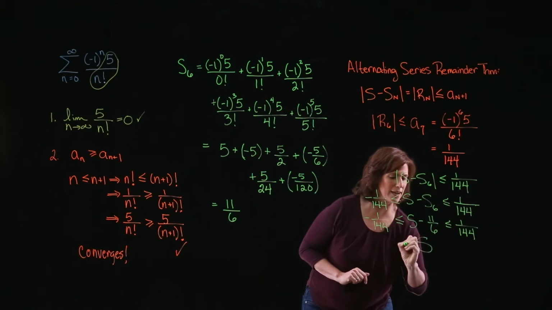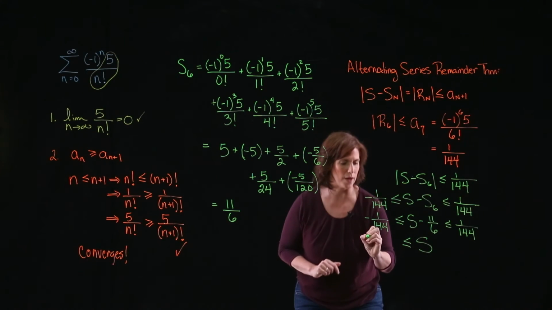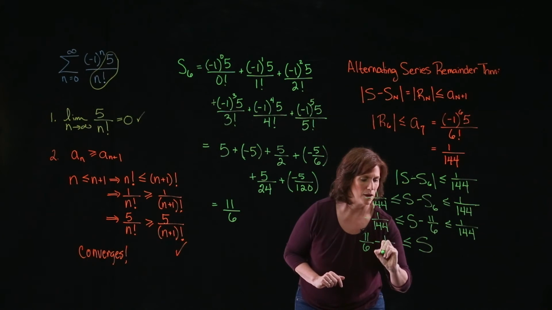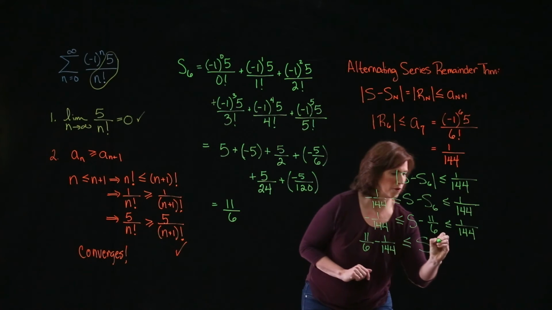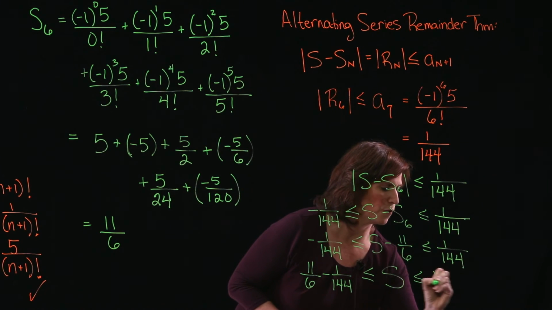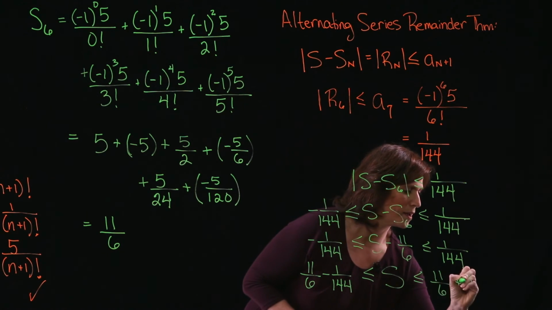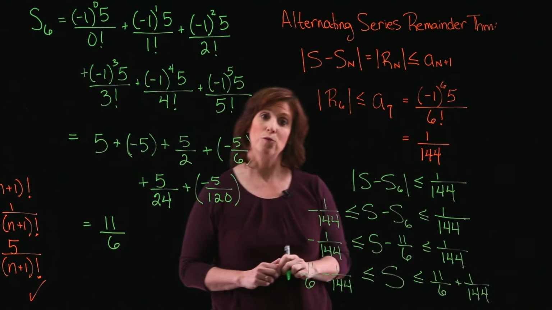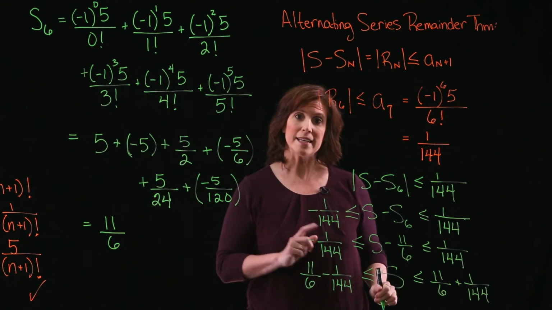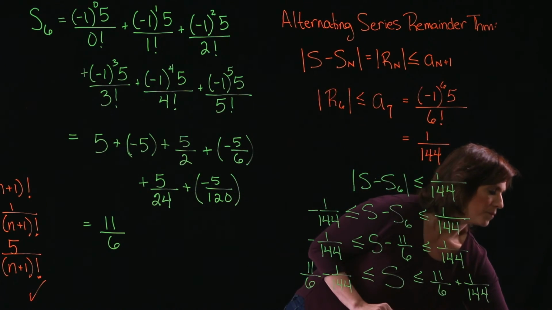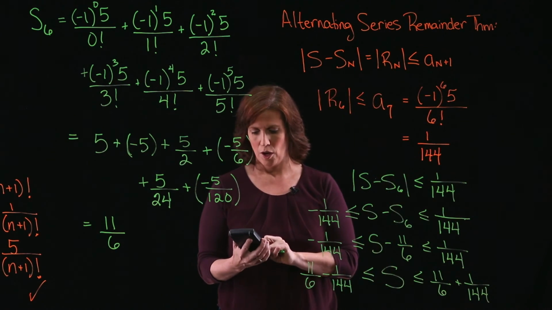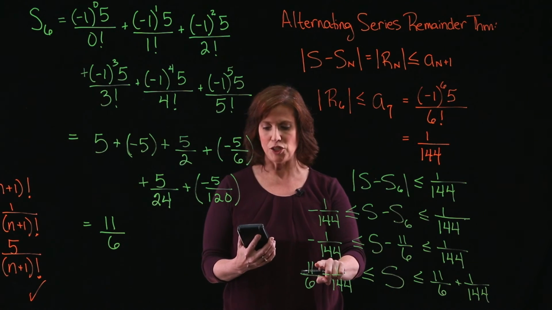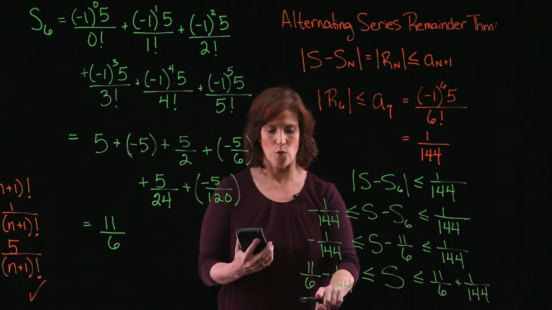So my actual answer, my sum, is somewhere between 11 over 6 minus 1 over 144 and 11 over 6 plus 1 over 144. And if you use a calculator here, you can find out, getting a common denominator, that this is 264 over 144.